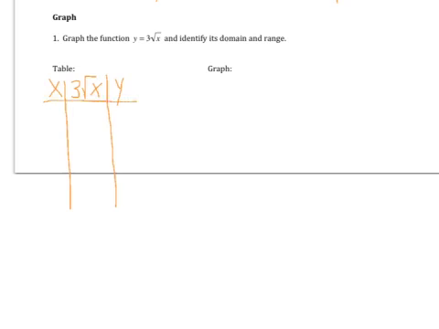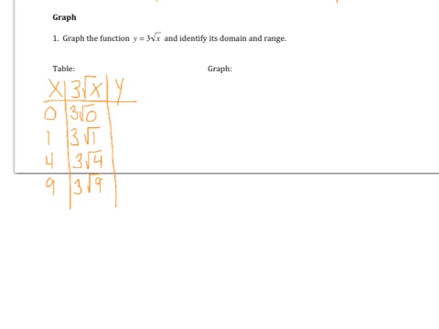So again, I'm going to plug in 0, 1, 4, and 9. So we have 3 times the square root of 0, 3 times the square root of 1, 3 times the square root of 4, and 3 times the square root of 9. You want to always take the square root first and then multiply that number by 3.